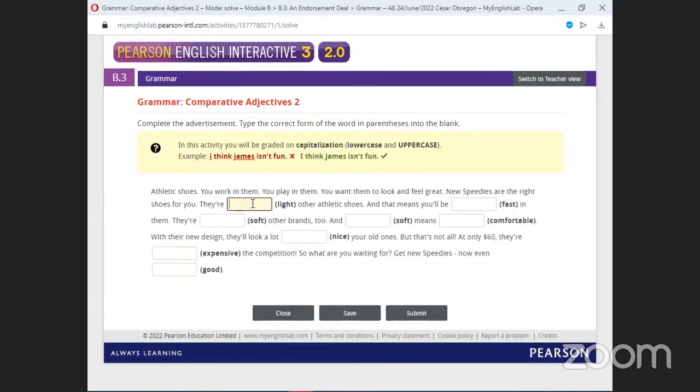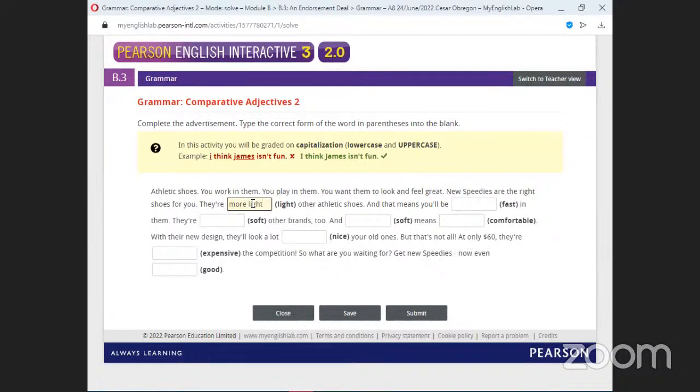Lighter. No, more light than other athletic shoes. Wait. More light? More, more. Yes, more light than.